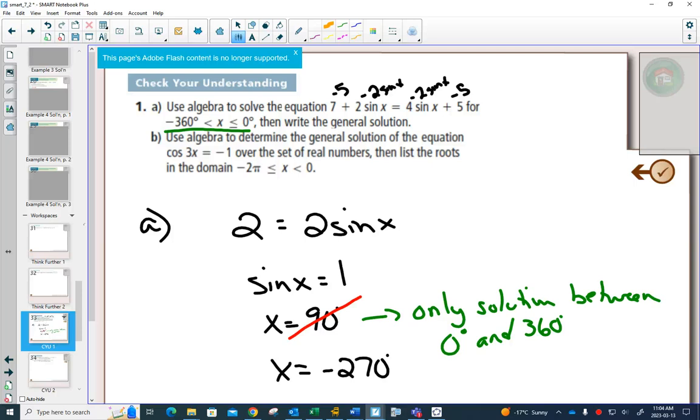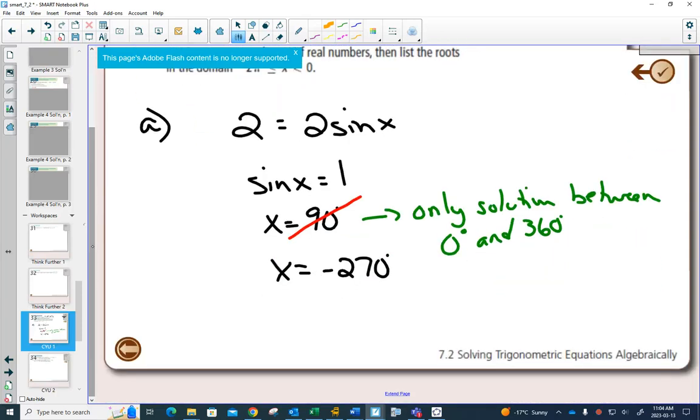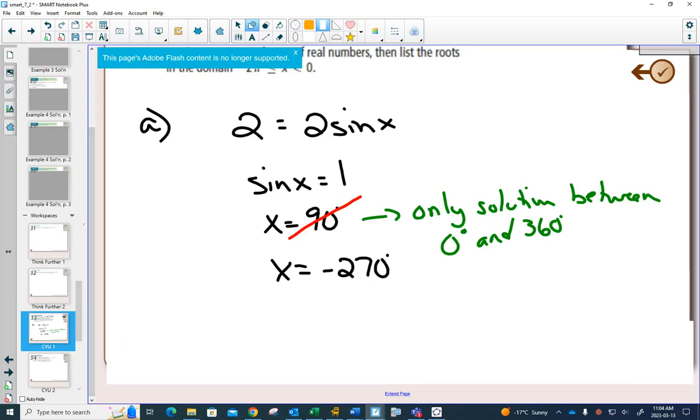But the second part of this question says, then write the general solution. For my general solution, if you would turn back to 7.1, when we wrote the steps down for our general solution.